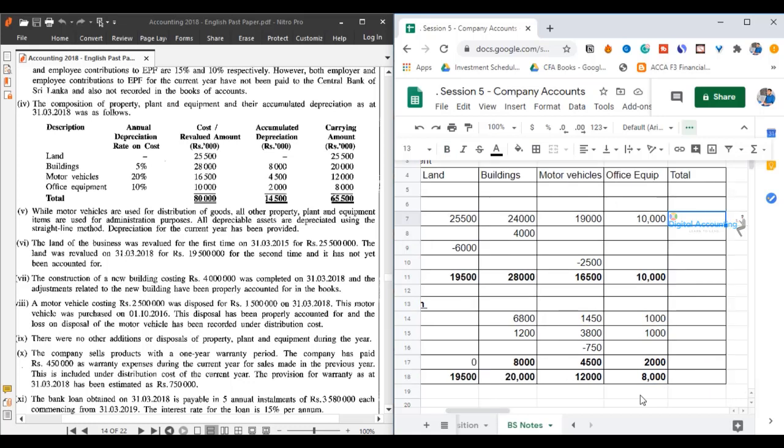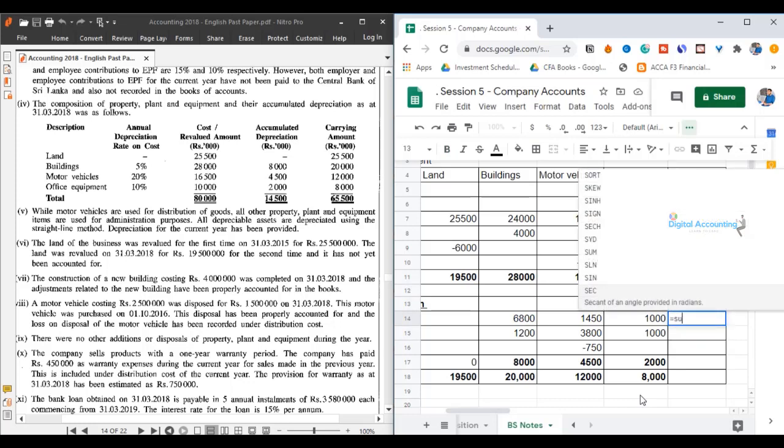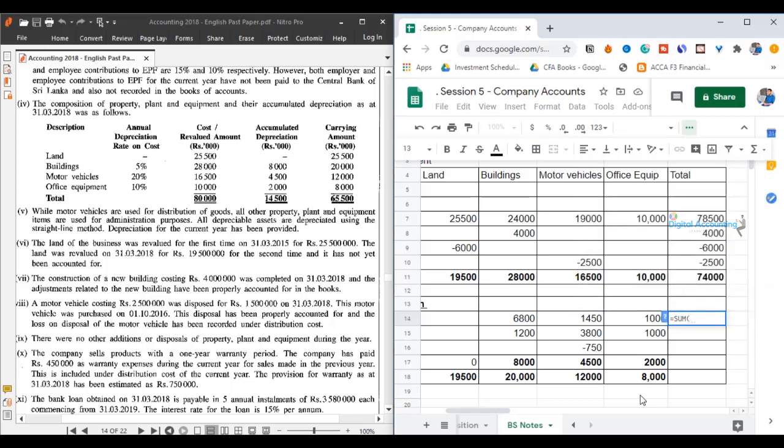Now we can total it up. 74,000 is the cost of all property, plant and equipment. 14,500 is the total PPE accumulated depreciation, and 74,000 take away 14,500.